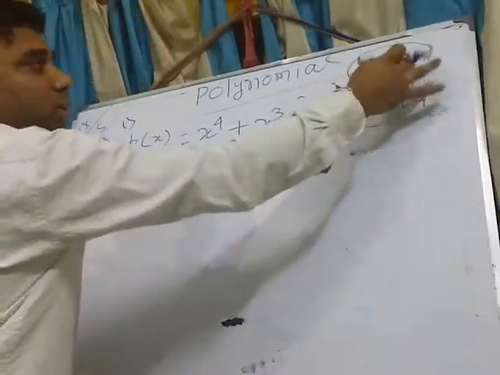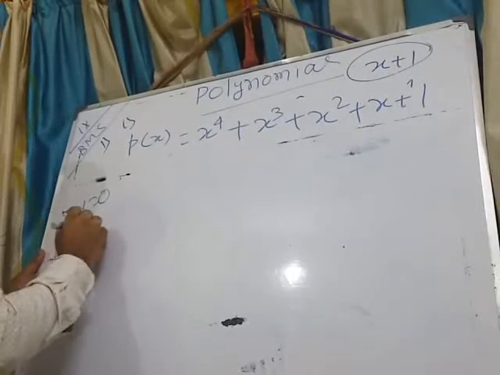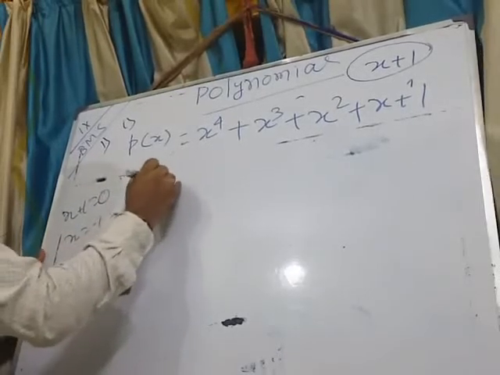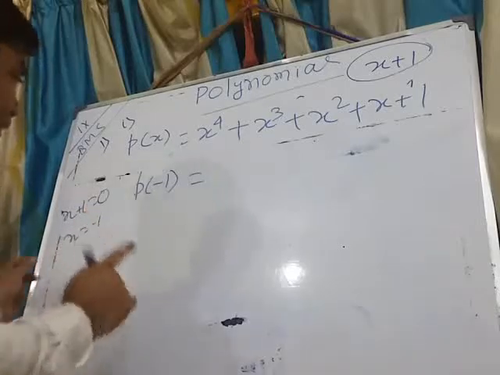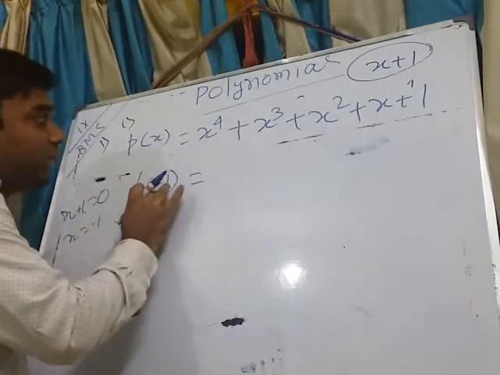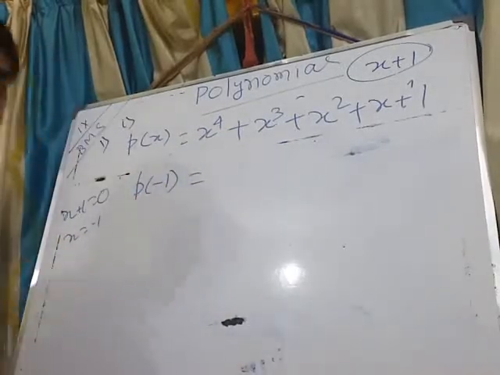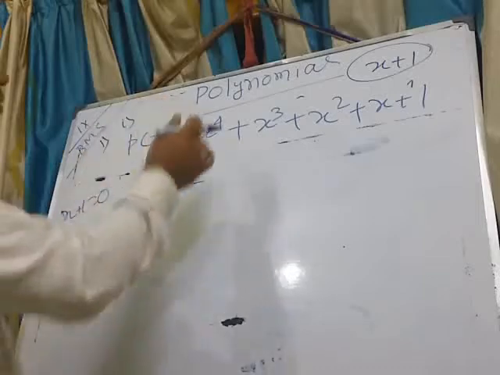As we know, x plus 1 = 0, so x = minus 1. Find p(minus 1). If I put minus 1 in the polynomial and its value is 0, then it is a factor, otherwise it is not a factor of this given polynomial.